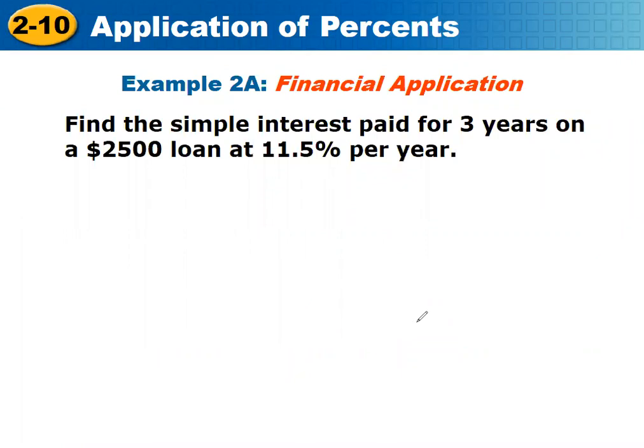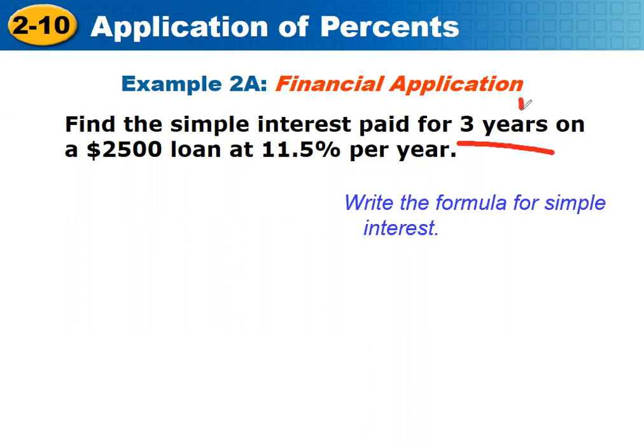Find the simple interest. So this is number one, he's looking for the simple interest, paid for 3 years. Now, 3 years represent what? This one represents the time.